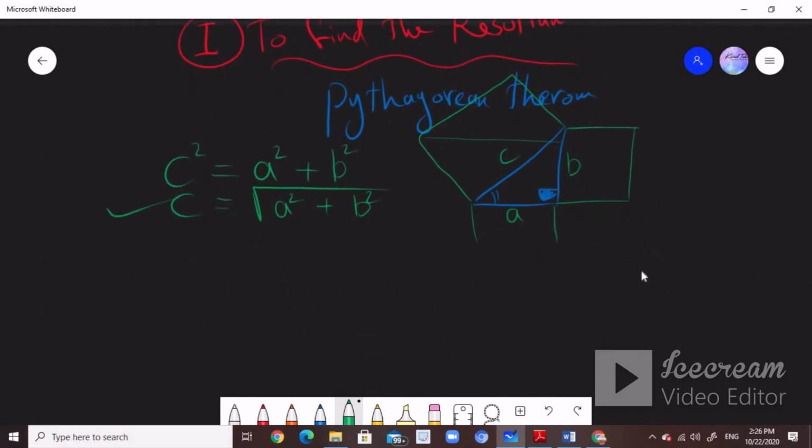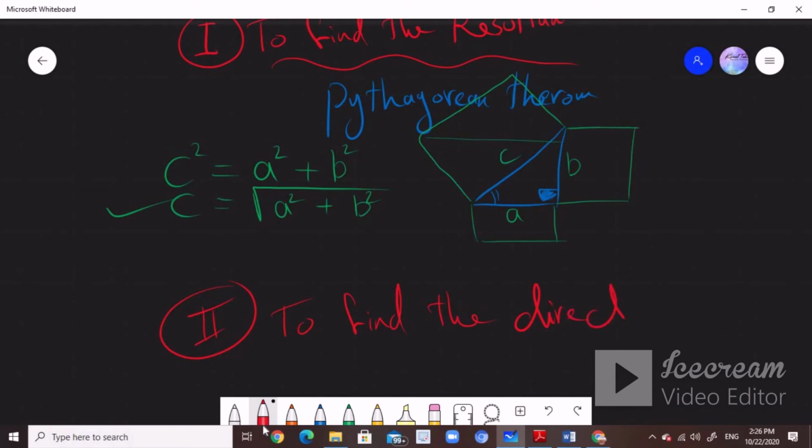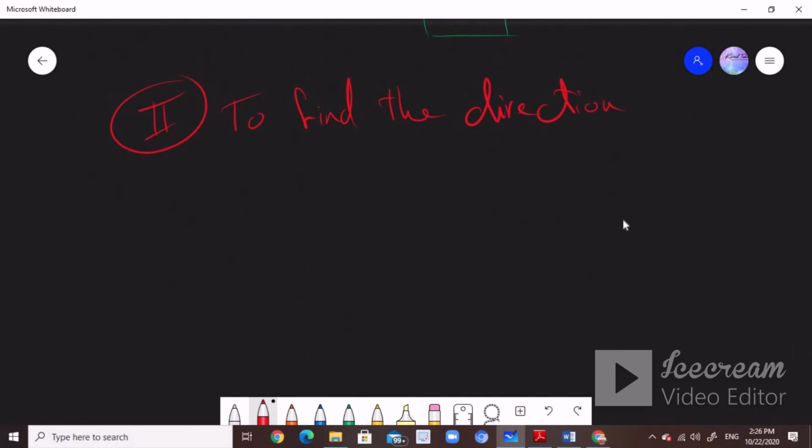Okay, now the second part is to find the direction. As I told you guys again, we are talking about that right angle triangle.